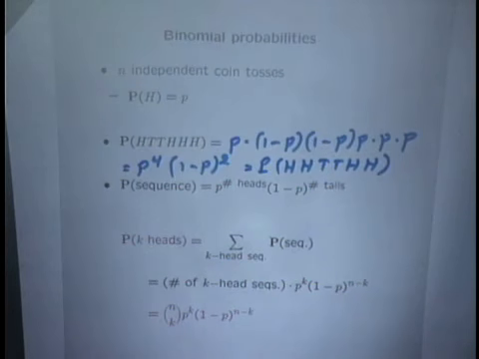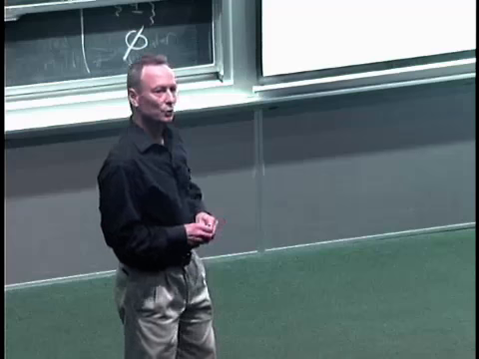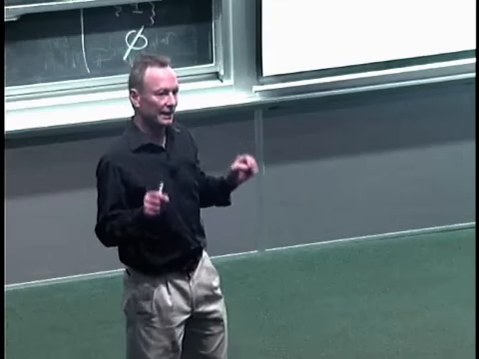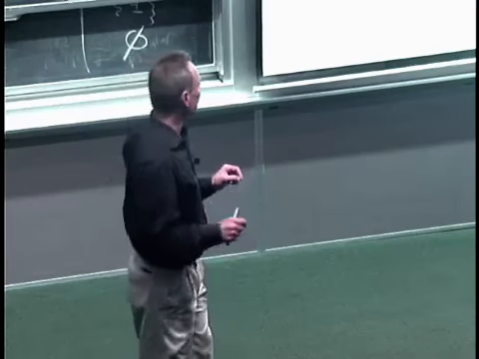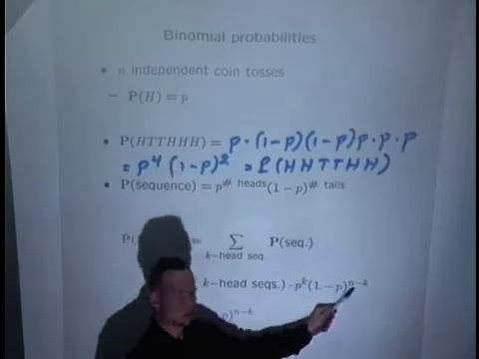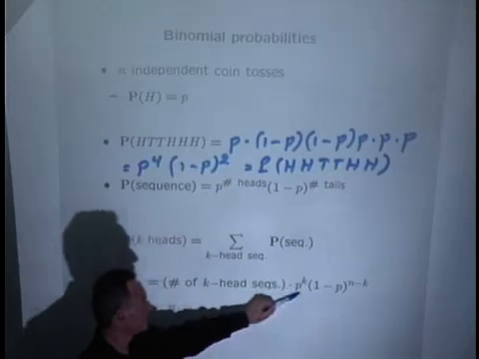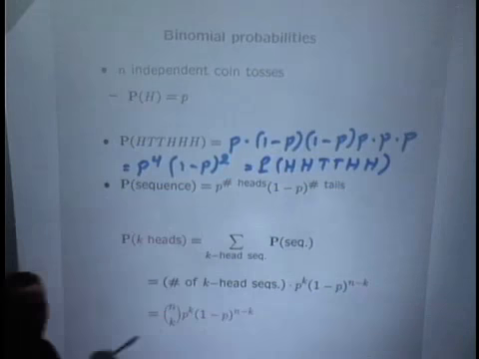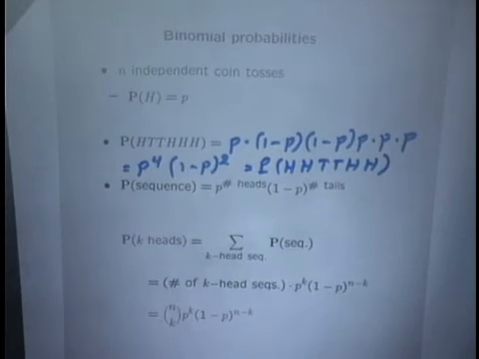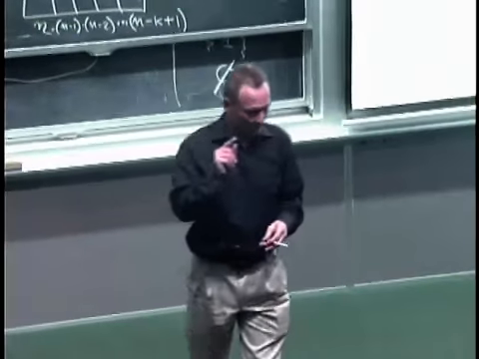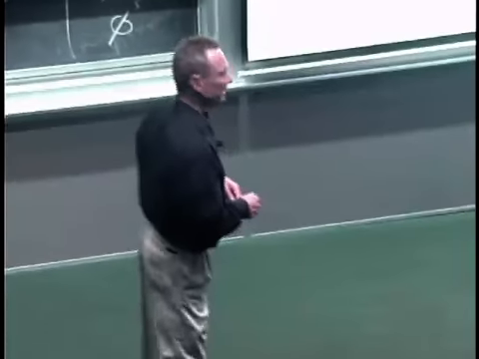So every outcome in which we have exactly k heads has the same probability, which is going to be p to the k, 1 minus p to the n minus k. This is the probability of any particular sequence that has exactly k heads.